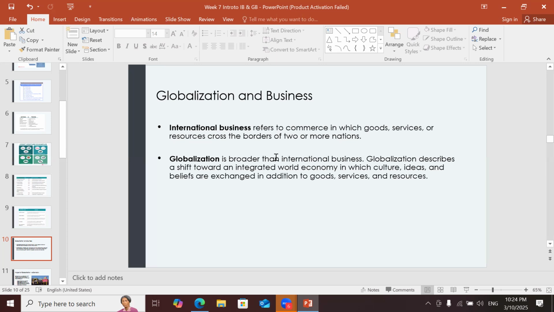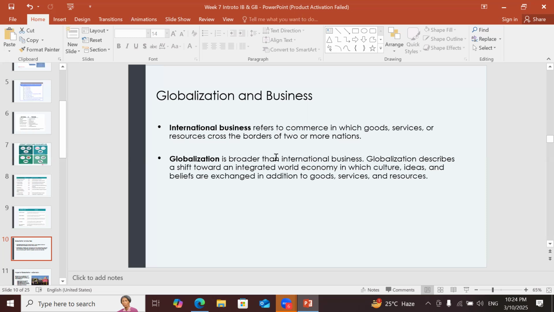So, very simply, everything related to people and consumers is shared between two countries. That is globalization, while in international business only products, services, and technology are traded with other countries. It is the business trade.